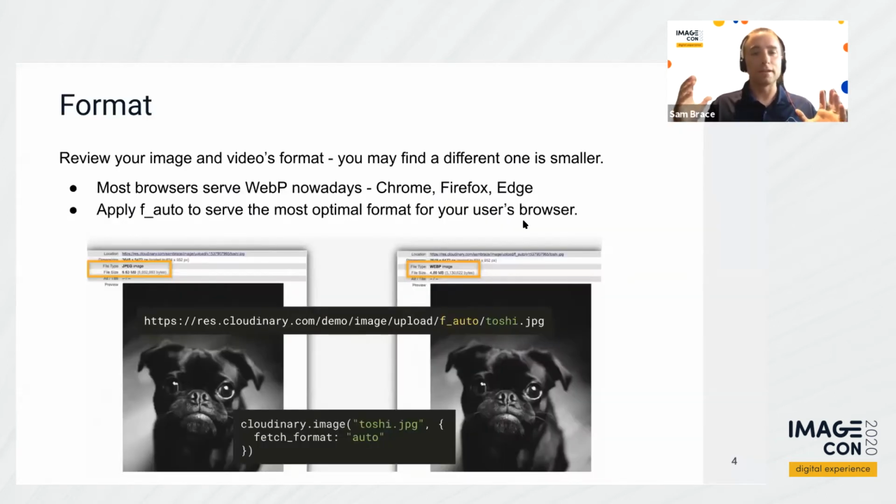Now, the first is format. And I will say, when I started at Cloudinary, I thought I knew a lot about formats, and I learned that I didn't. Because when I thought about formats normally, it was focusing on JPEGs and PNGs and GIFs. But there are so many more out there to consider, especially with where the web is today in 2020, where a lot of browsers are rendering different file types.